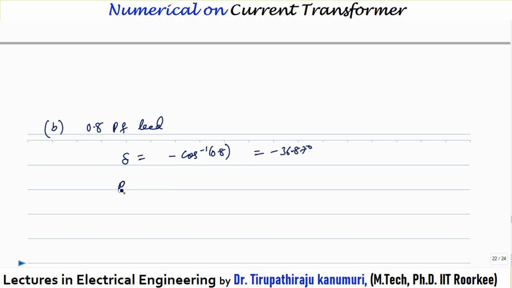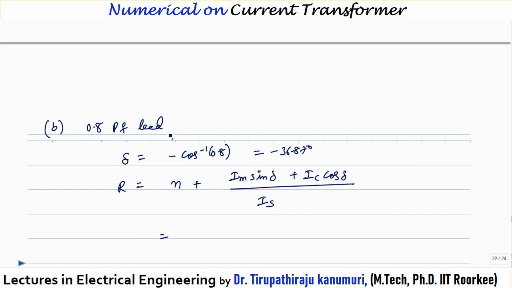Now the actual transformation ratio will be N plus Im sin delta plus Ic cos delta, divided by Is. Wherever the angle delta is there, you have to substitute the negative angle if it is leading, and a positive angle if it is lagging.